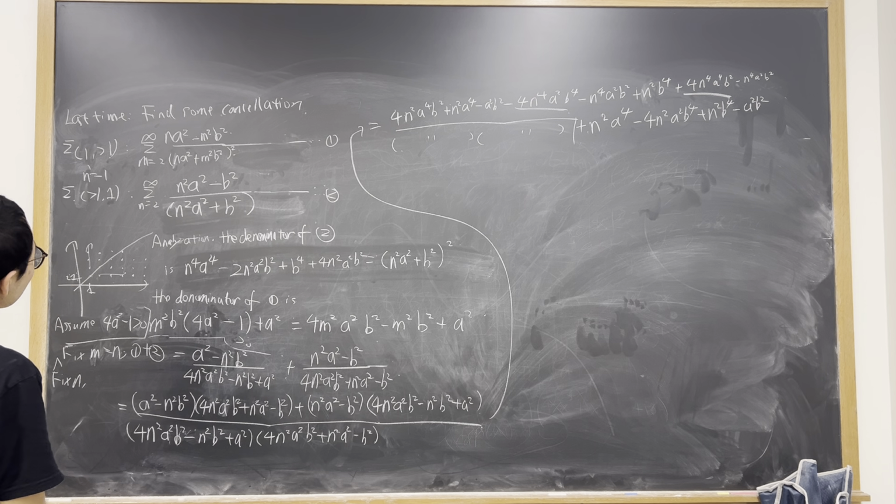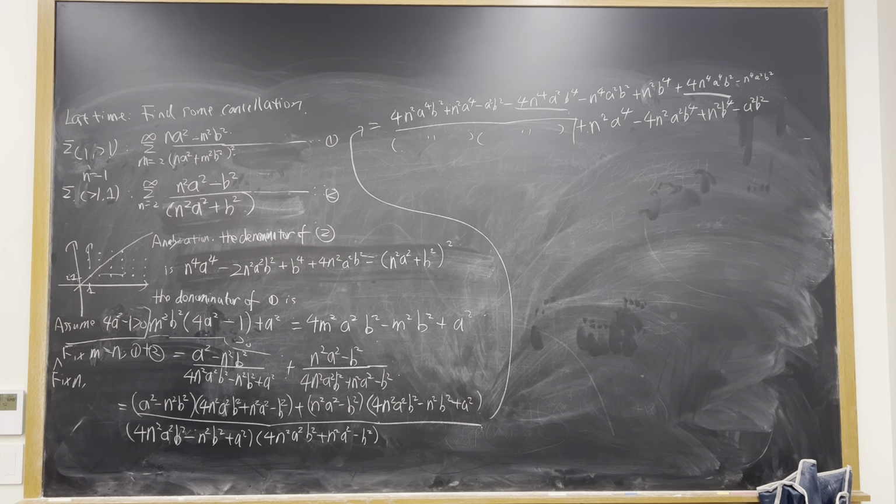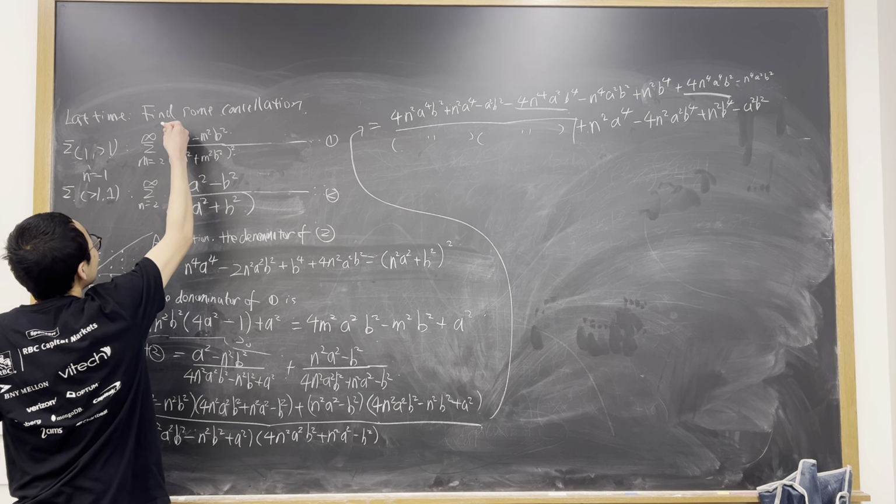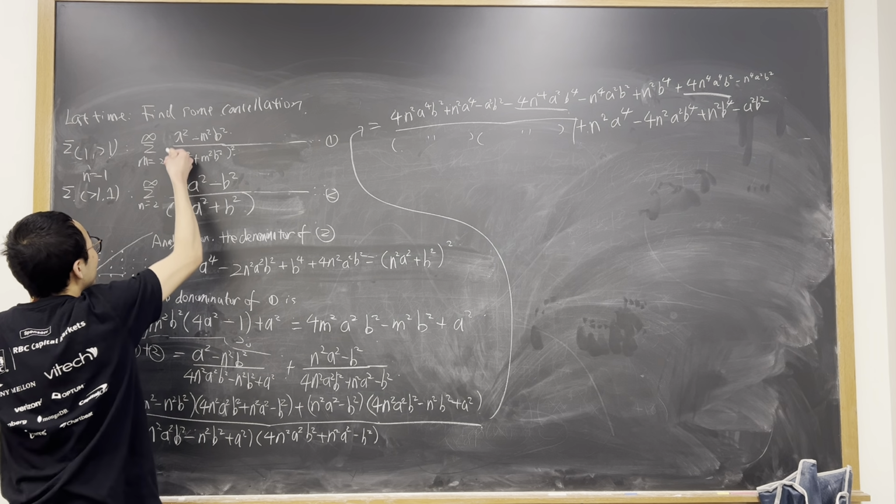I'm thinking, if you switch the position of n and m, would there be some cancellation? The denominator is different. I think that's the story. Yeah. So namely, let me switch it back.